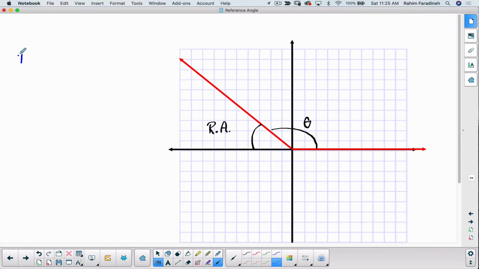In the second quadrant, the reference angle will be pi minus theta, or in terms of degrees, the reference angle will be 180 degrees minus theta.